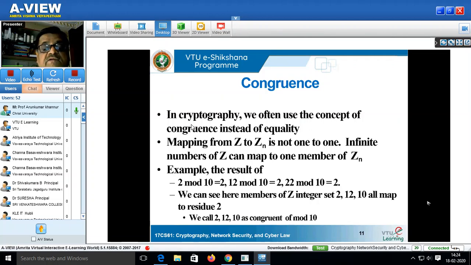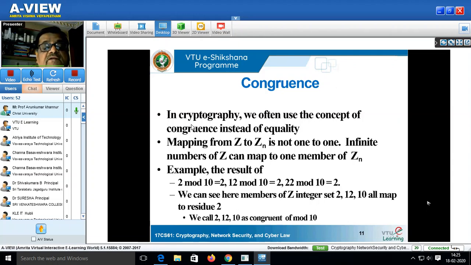So all these, 2, 12, 22, when we perform mod 10, belong to residue 2. Means 2 mod 10 resulted in residue 2, 12 mod 10 also resulted in residue 2, 22 mod 10 also resulted in residue 2.